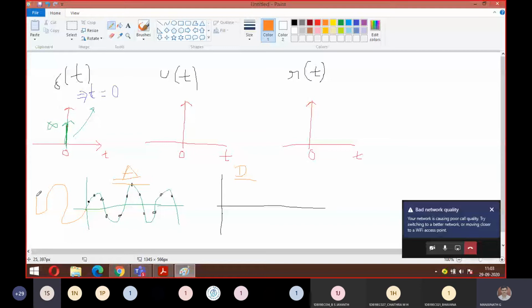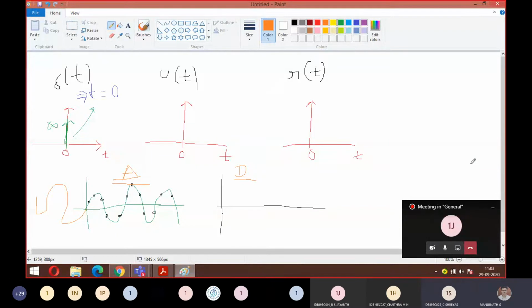Analog is smooth, sir, like a waveform, but in digital, we get steps or sharp edges.